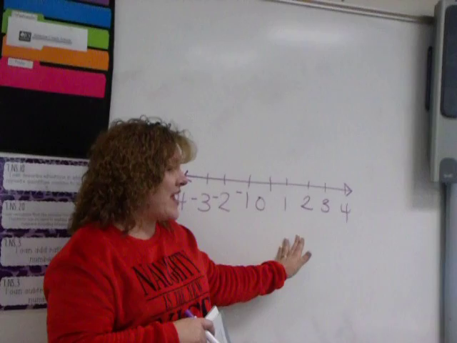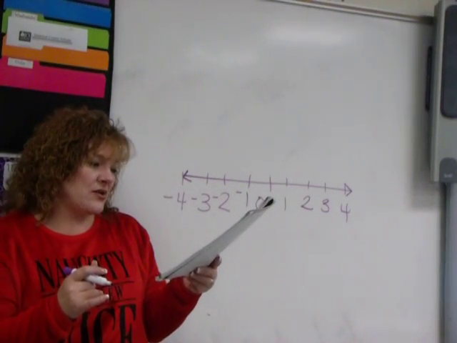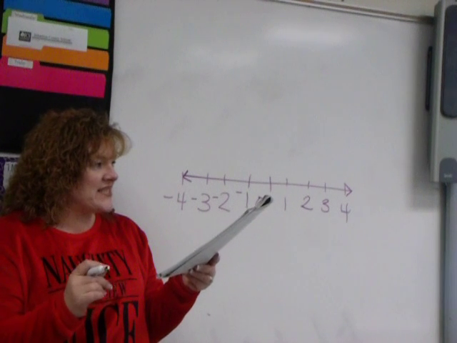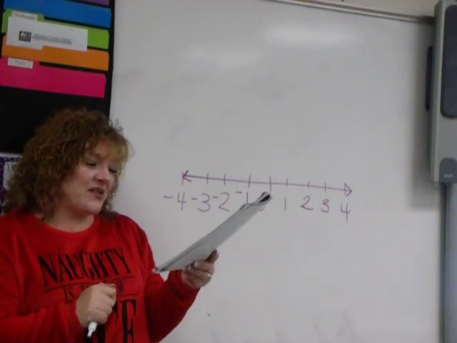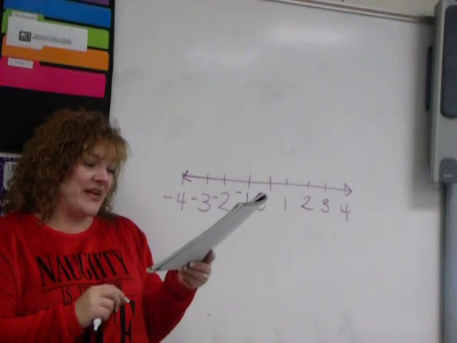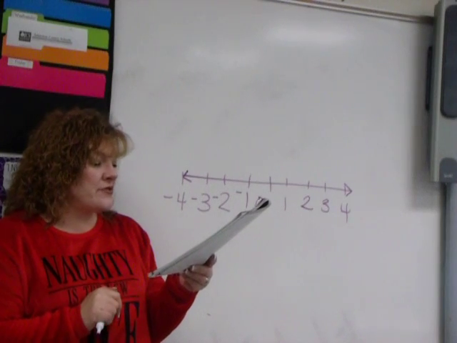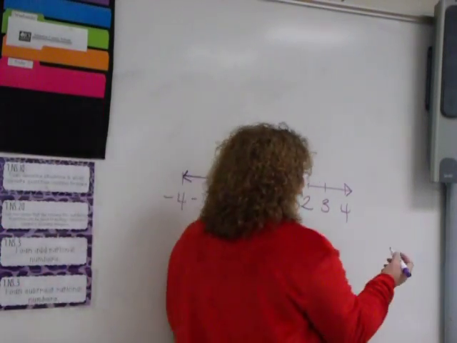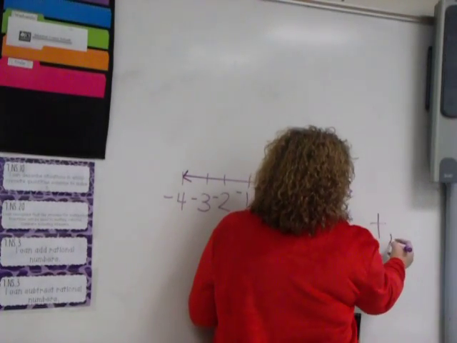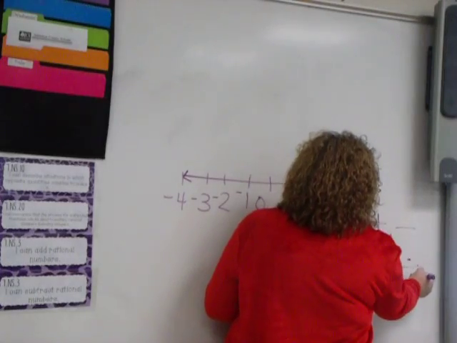If it's to the right of that number, it's greater. So you should be able to pick out greater than and less than by looking at a number line. A number line also illustrates the relationship between signed numbers. To avoid confusion with operation signs, now remember our operation signs are addition, subtraction, multiplication, and division.